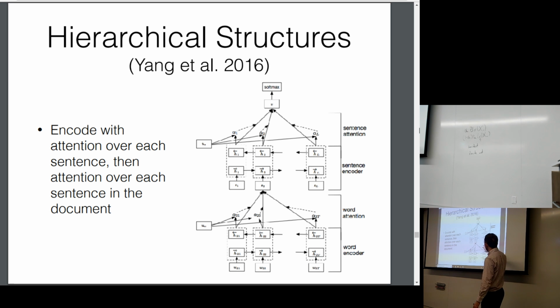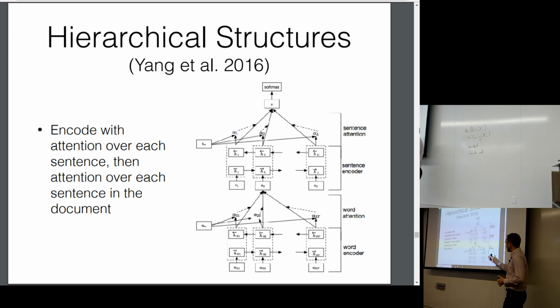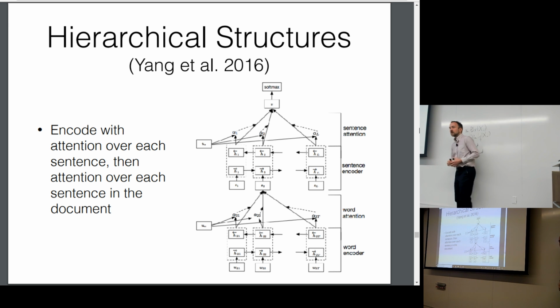This gives you a representation of the sentence itself. Then you have another set of attention over all of the sentences in the document. So you decide a representation for the sentence based on what words in the sentence are important. Then you decide a representation for the document based on what sentences are important. And this has proven useful.